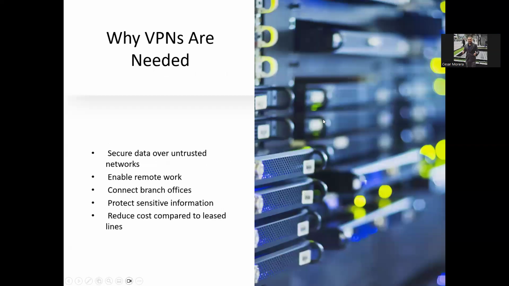Now, why are VPNs required? Why do we need them? To secure data over untrusted networks, enable remote work, connect branch offices, protect sensitive information, and reduce costs compared to leased lines.